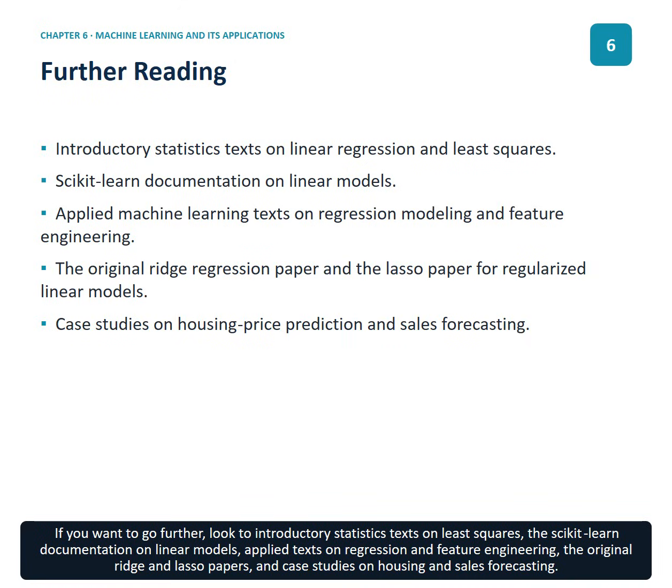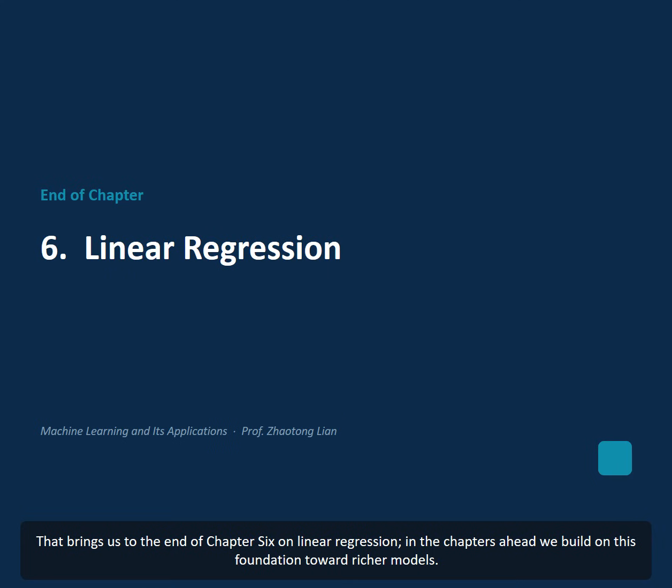If you want to go further, look to Introductory Statistics text on least squares, the scikit-learn documentation on linear models, applied text on regression and feature engineering, the original ridge and lasso papers, and case studies on housing and sales forecasting. That brings us to the end of Chapter 6 on linear regression. In the chapters ahead, we build on this foundation toward richer models.